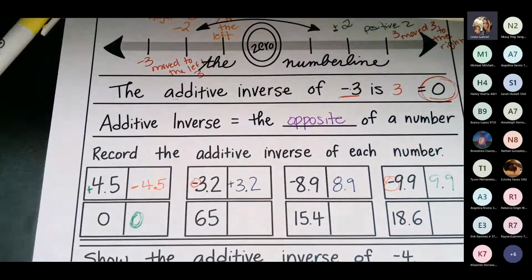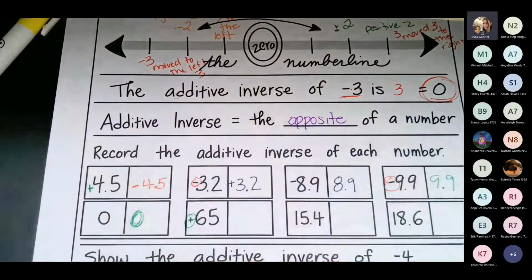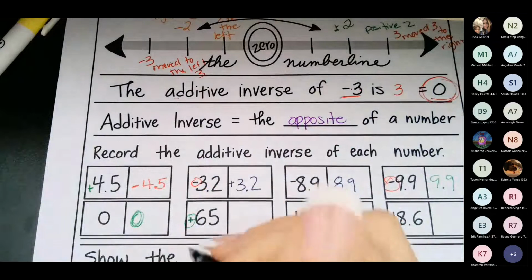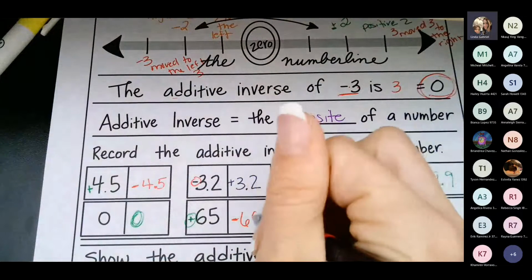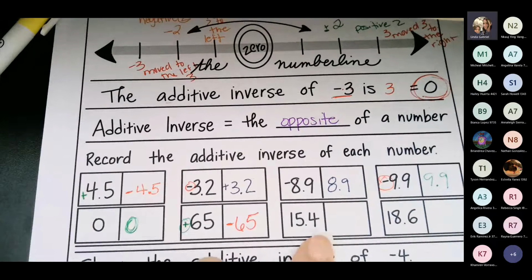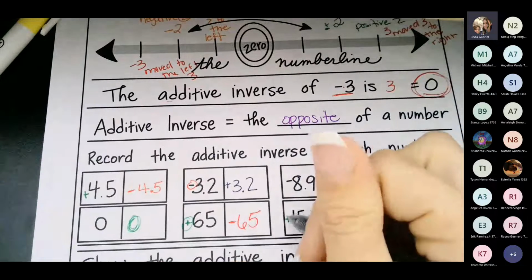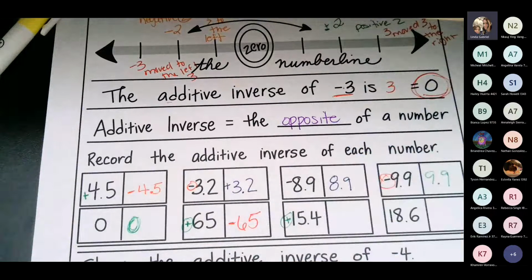Okay, 65. You need to imagine that it's positive right here. Perfect. Negative 65. Let me put you down, Rebecca, for a point. Okay, now we have 15.4. And that will be positive, right? Because we don't have that negative sign in front of it. Perfect.